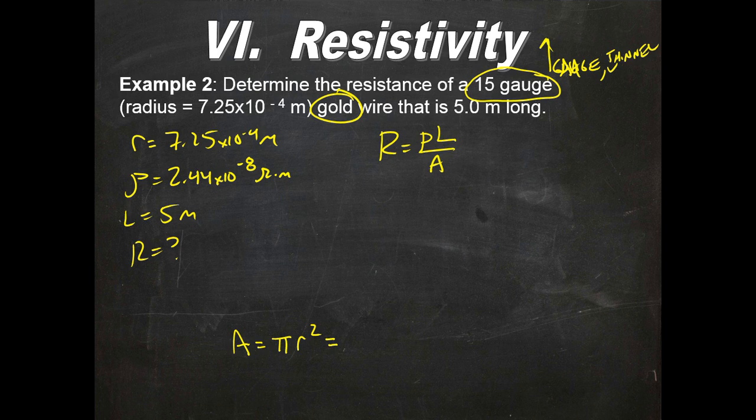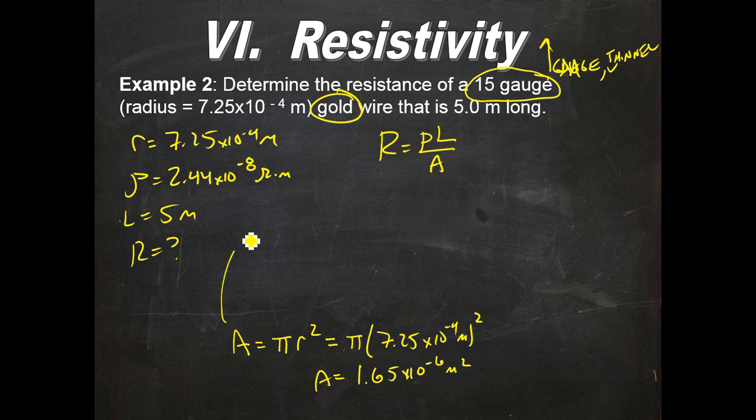So we need to first calculate the area of this wire, taking the radius, 7.25 times 10 to the negative 4 meters, squaring it, and that gives us an area of 1.65 times 10 to the negative 6 meters squared.